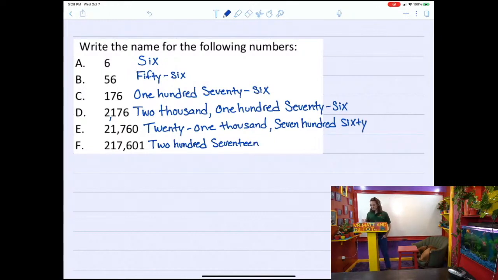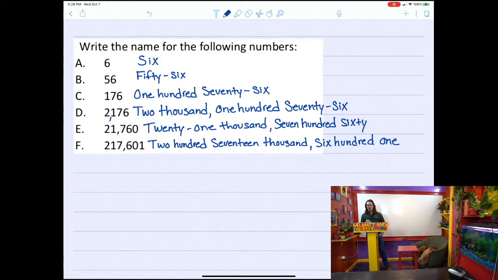It has its own unique name. 217,000, comma, 601. That might sound a little strange because there's not like an "and" there, but technically that's correct. You only use the "and" when you're trying to connote the decimal point. Connote is a verb that means when you're trying to represent, when you're trying to signify.